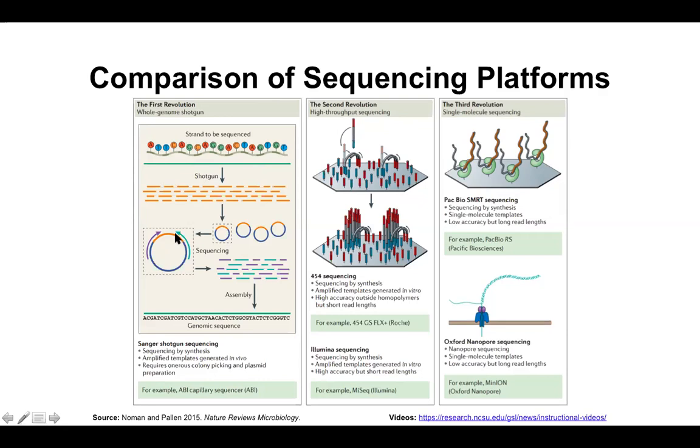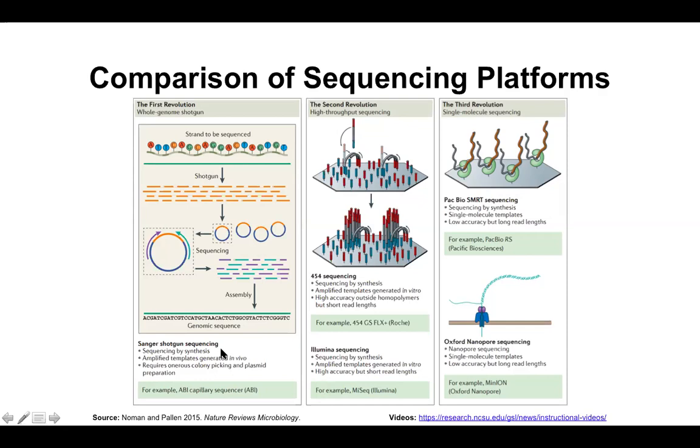Different. Okay, the first way that we did this whole genome shotgun approach took advantage of bacteria and plasmids. And so they would take each of these little pieces here and they would put them in plasmids and they would sequence them from the plasmids and then they would align them, okay? This is sequencing by synthesis.